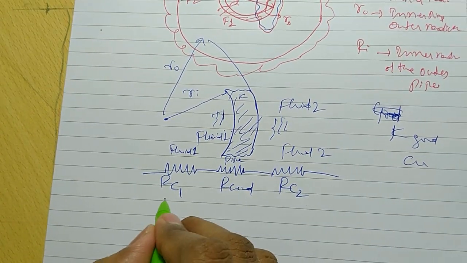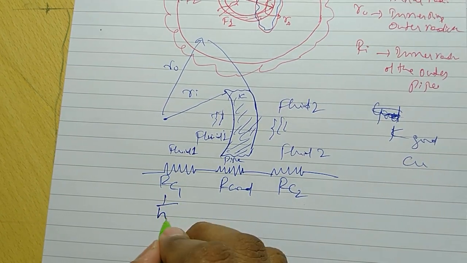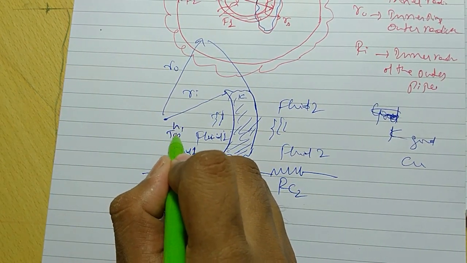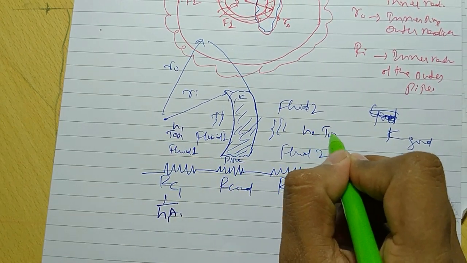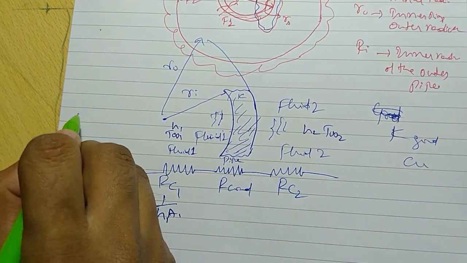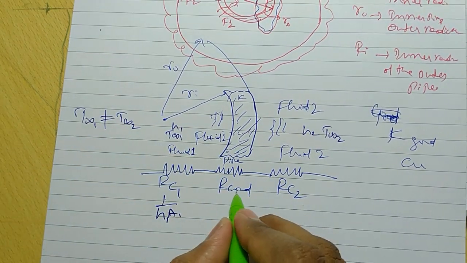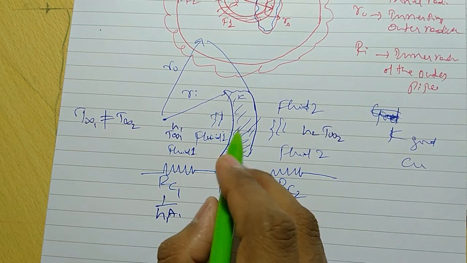R convection 1 is what? 1 over h1 into A1, because here is the h1 T infinity 1, here is h2 T infinity 2. T infinity 1 and T infinity 2 are not the same. They are different temperatures. Next, R conduction, this is the cylinder.